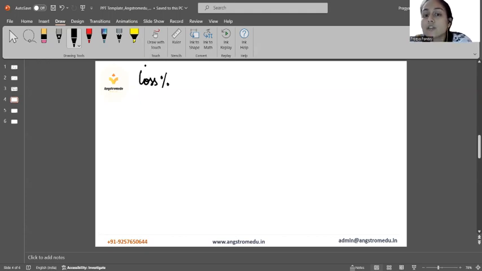All right, the formula will remain the same, only the change will be there. That is, instead of writing profit, we have to write loss this time, upon CP into 100. Okay, so let's take that same example, in which two persons were there, Ram and Shyam.